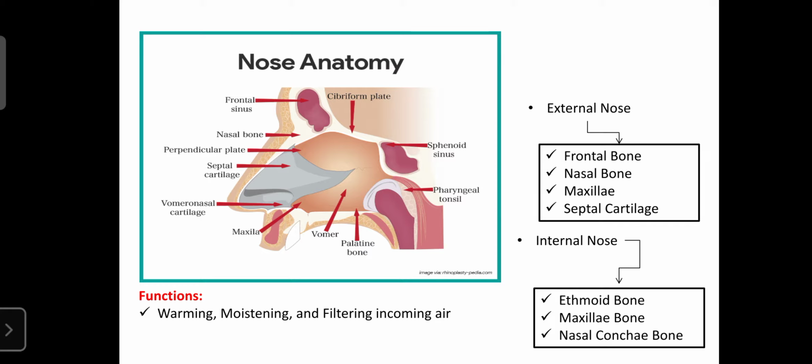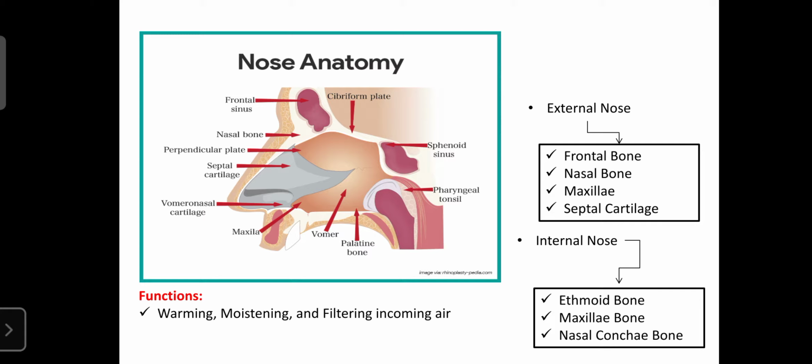In winter the nose warms the air, but in summer the air is already warm. Then the same nose, with the help of nasal secretions, can moisten the inspired air. So according to the seasons, the nose can warm as well as moisten the incoming air.